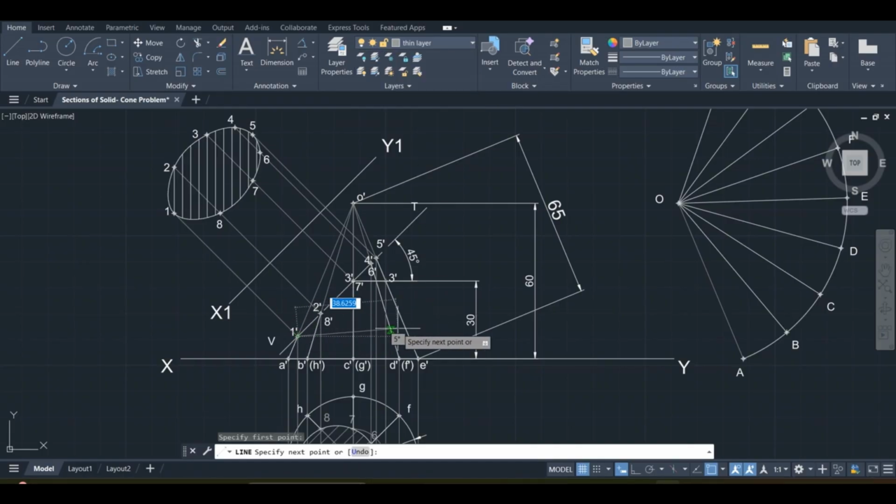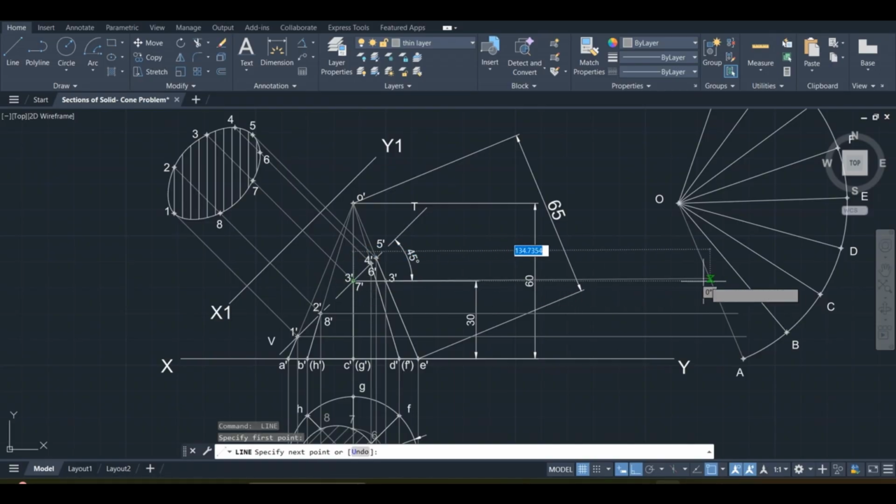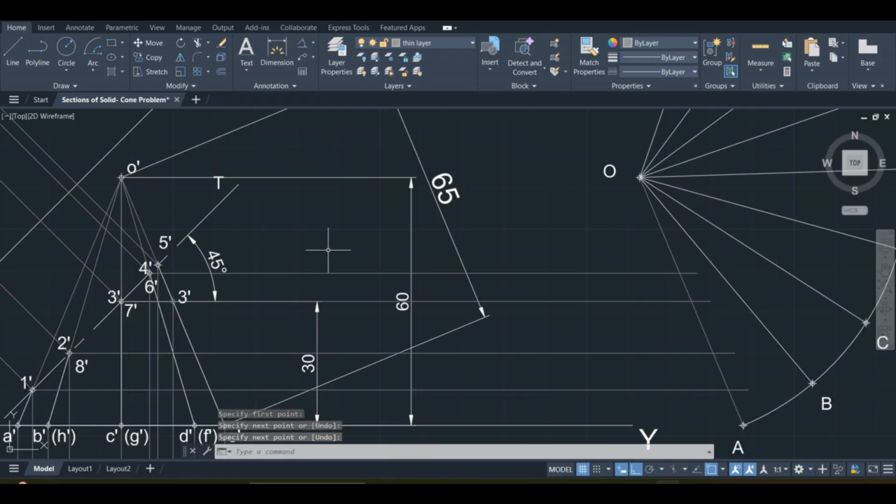So first point 1 I am transferring up to this. 2 also, 2 and 8 both come on same projector, and here 3 and 7 also come on same projector. Next 4, 6 come on same projector, and the last one is the point 5 projector.